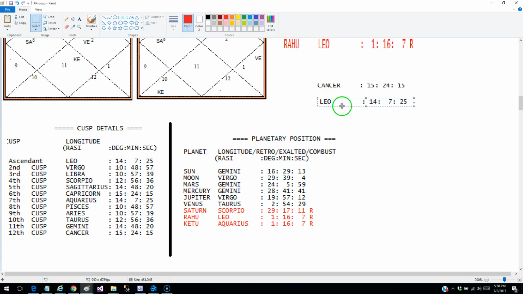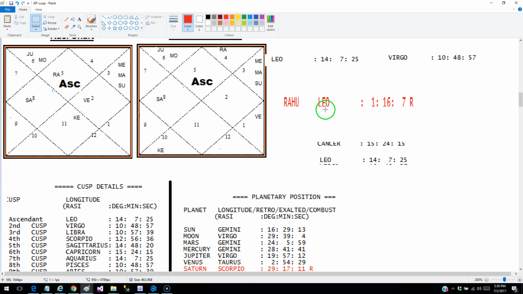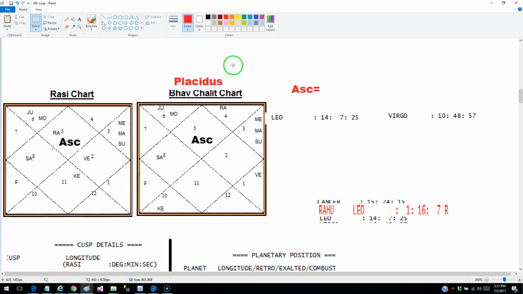So the 12th house is from Cancer 15 degree something to Leo 14 degree. That is the span of the 12th house. And if you look at the degree of Rahu, Rahu is in Leo, 1 degree. So obviously Rahu is going to be here, right? Rahu is within the span of the 12th house. So this is why Rahu is placed over here in the Bhav Chalit chart.